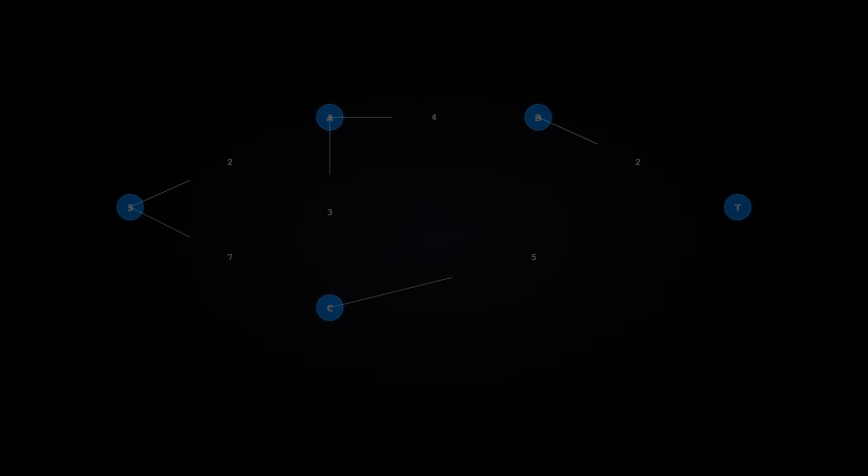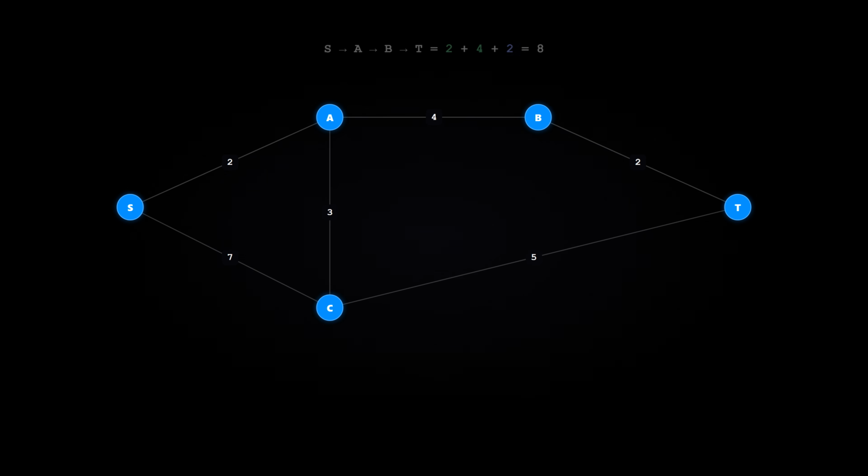The second thing is called optimal substructure, and it sounds intimidating, but it's honestly a pretty straightforward idea. Say you've got a graph with nodes connected by edges, and each edge has some cost. You want to find the cheapest path from S to T, and it turns out the cheapest route goes S to A to B to T, and the total cost is 2 plus 4 plus 2, which is 8.